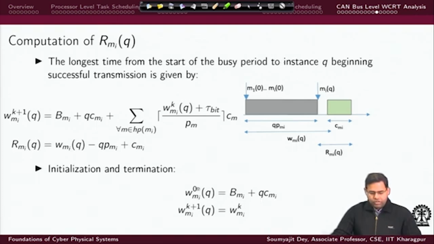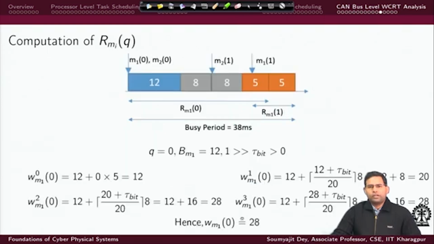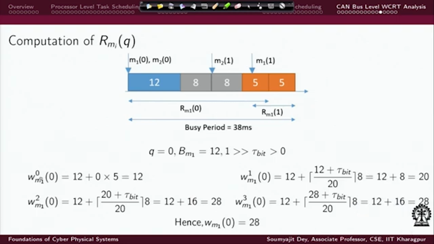So you can start your initial iteration with this being 0, and you have b, the blocking time, plus q times c of mi, and then eventually you will stop when under 2 successive iterations these values are the same. Okay. So if you look at this example, let's say we are talking about message 0.